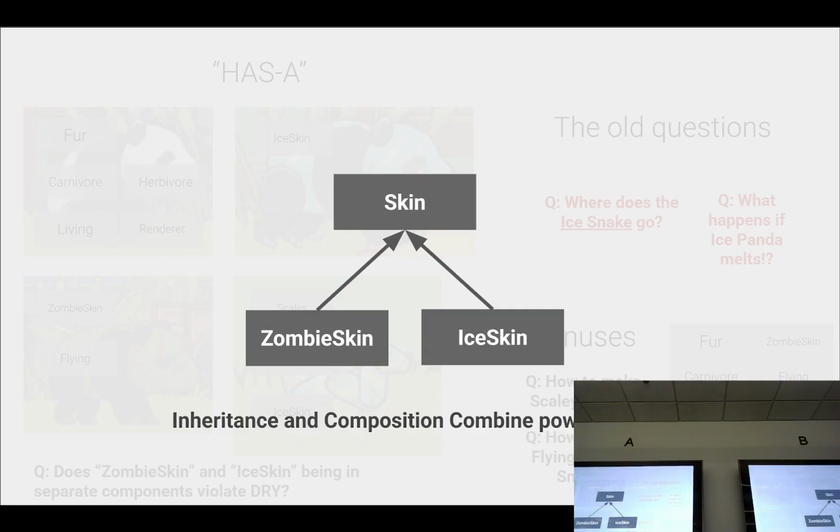Okay, the big plot twist. You can use inheritance to solve this problem, okay? Create a base skin component and derive from it with zombie skin and ice skin, and now you have eliminated DRY violations, okay? The plot twist here is that composition and inheritance are not rivals. They are complementary.